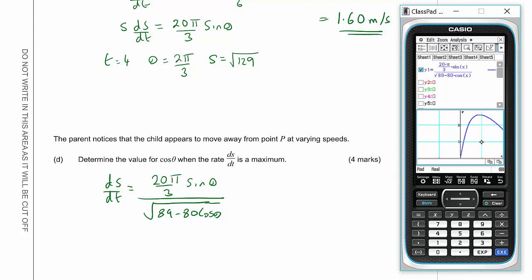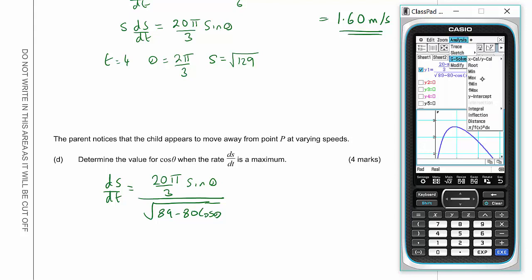Okay, so we can see the graph that we have here, and we'd like this maximum. So analysis gsolve, let's go for the max, and we can see that's 0.89566.